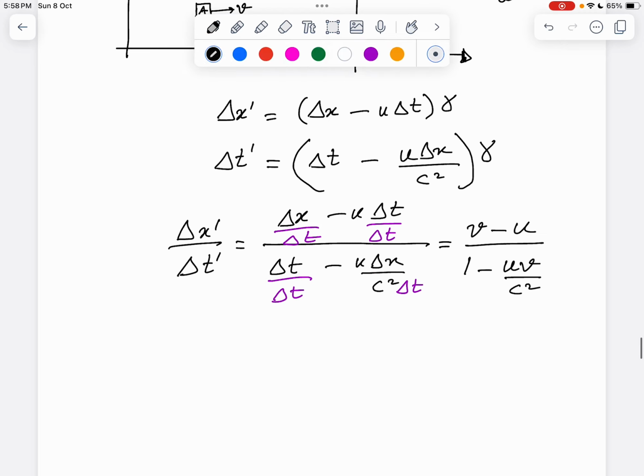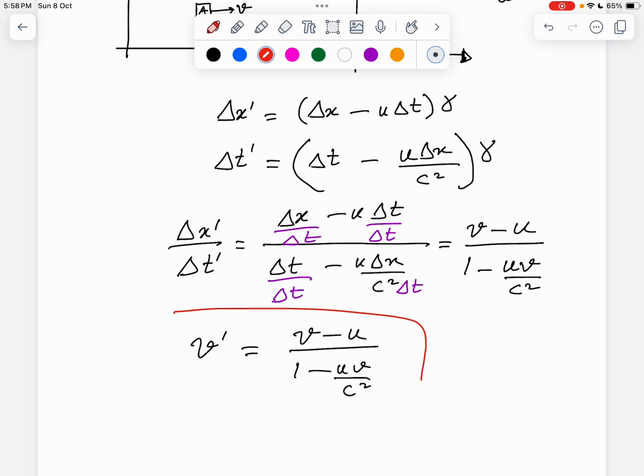So delta x prime by delta t prime is v prime, which is the speed of A relative to B, or frame S prime. It is v minus u over 1 minus uv over c squared. So this is a formula. If you want, you can memorize it or derive it as I did here.